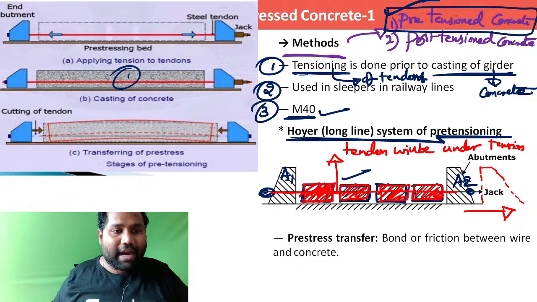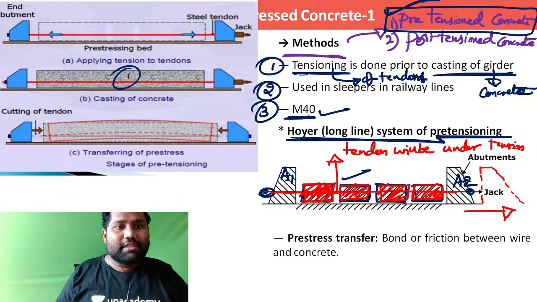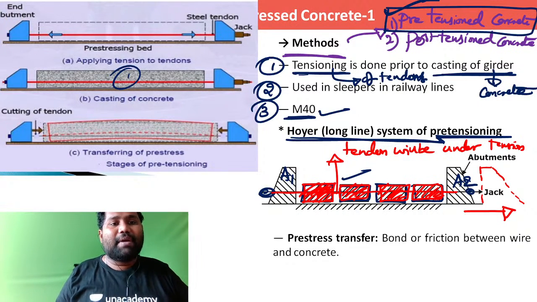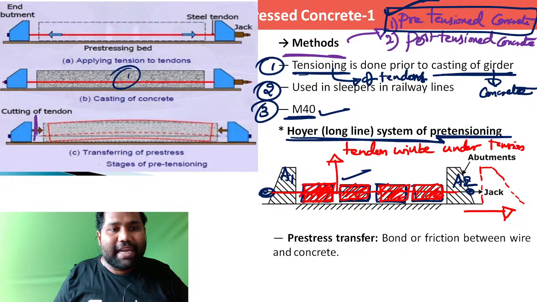Here, if I cut the tendons here instead of here, in this third slide, we can apply some compressive force from the tendon on the surrounding concrete by cutting the tendon here.